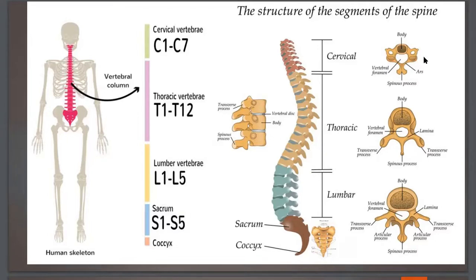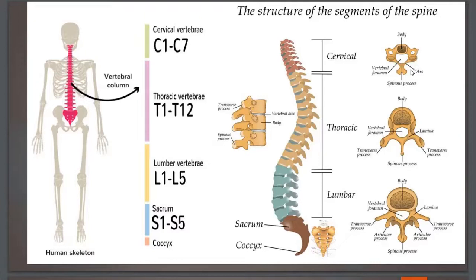The specific feature of the transverse process of a cervical vertebra is that it has this hole, which is called the foramen transversarium, which gives passage to the vertebral artery.